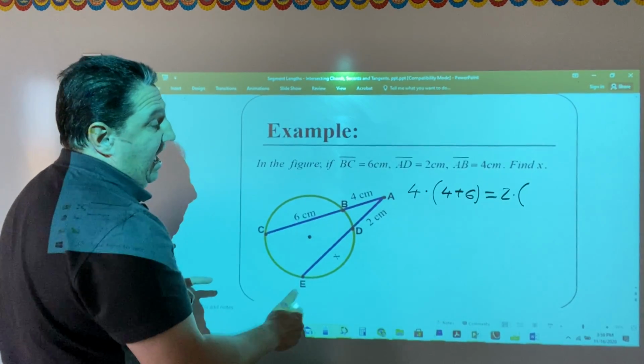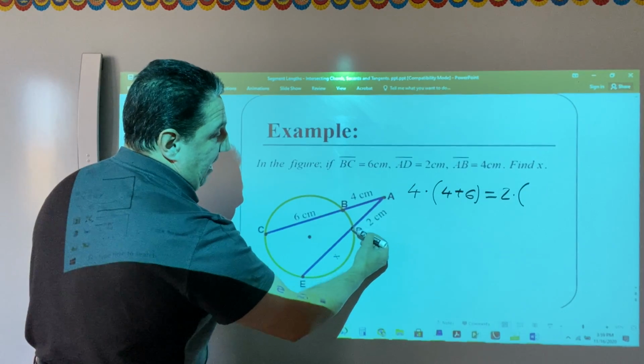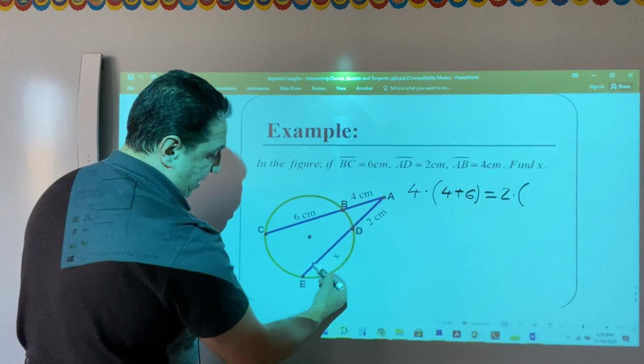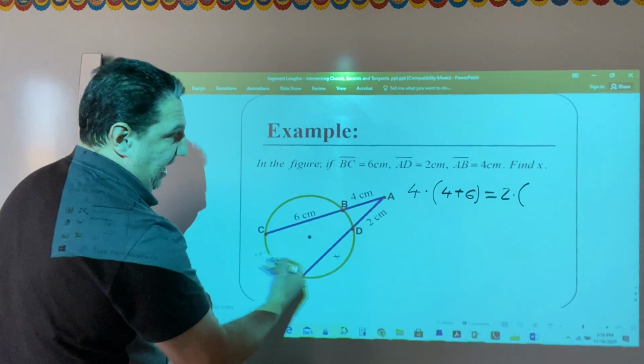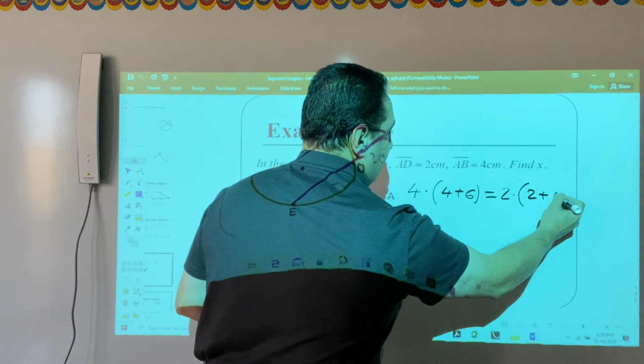And AE is the sum of segment AD and segment DE, which is X. So inside the parentheses, we're going to write 2 plus X.